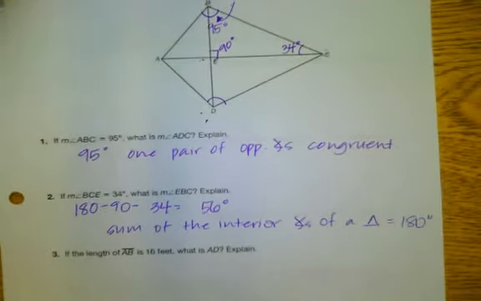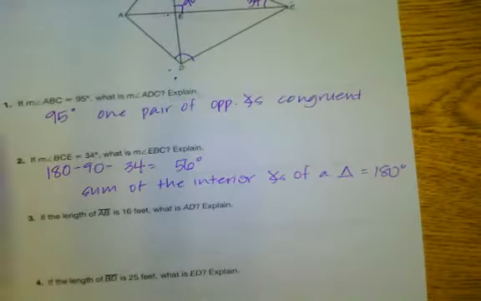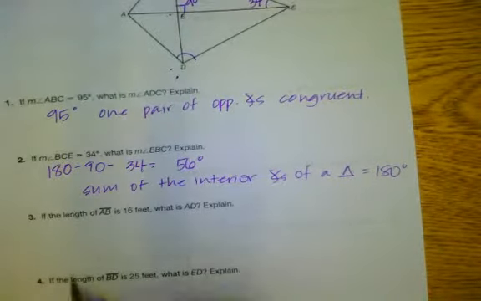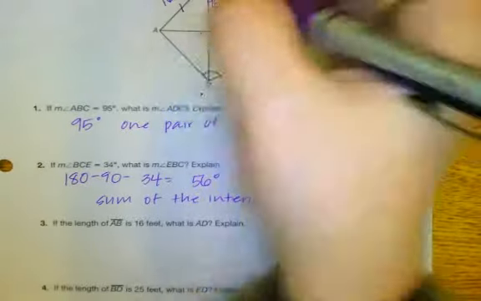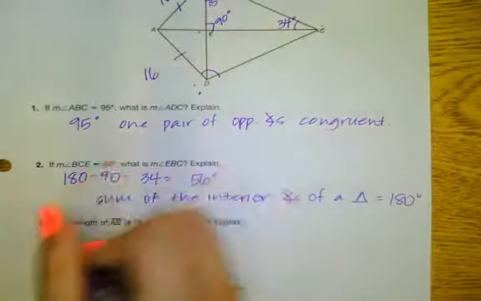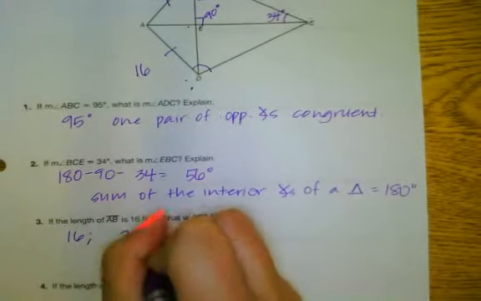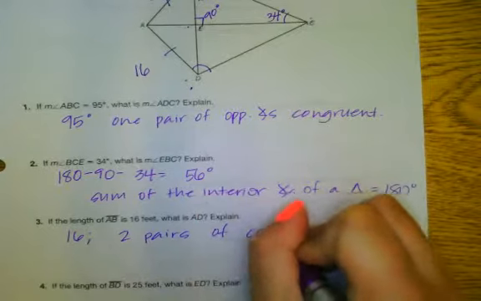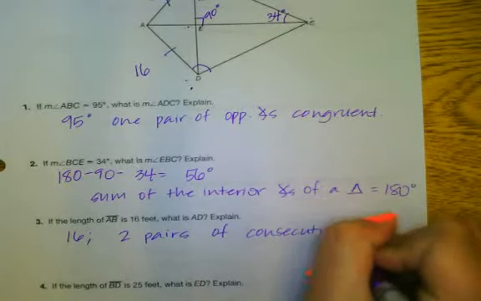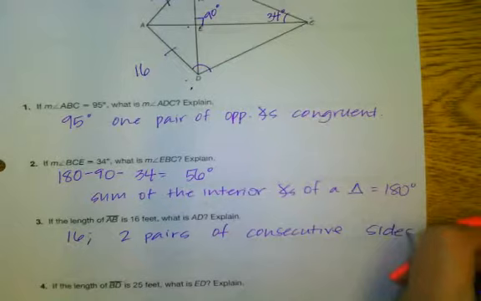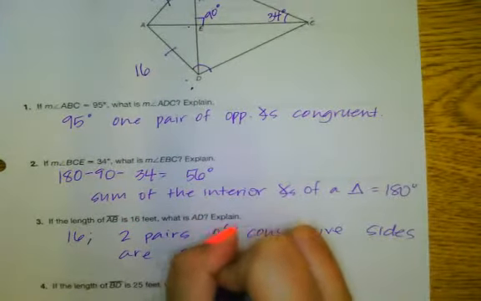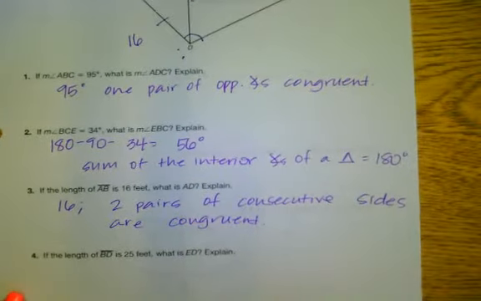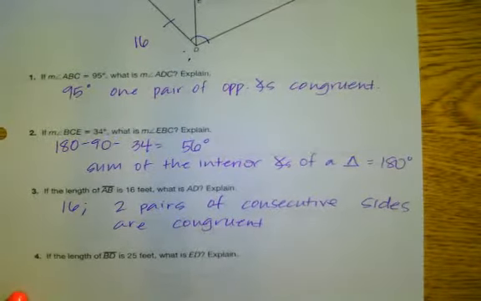Okay, if the length of AB is 16 feet, what is AD? How do you know that? Very good. Two pairs of consecutive sides congruent. Okay, and number 4, if the length of BD is 25 feet, what is ED?